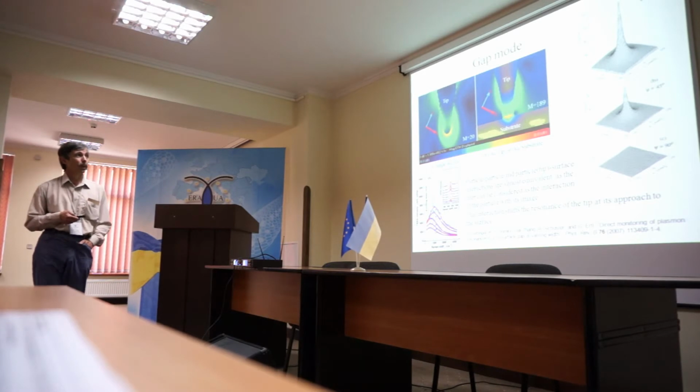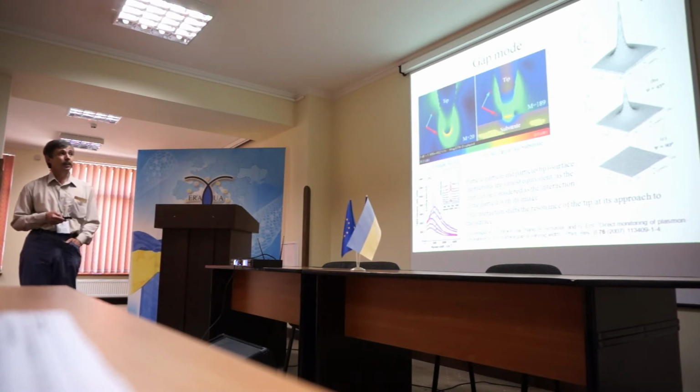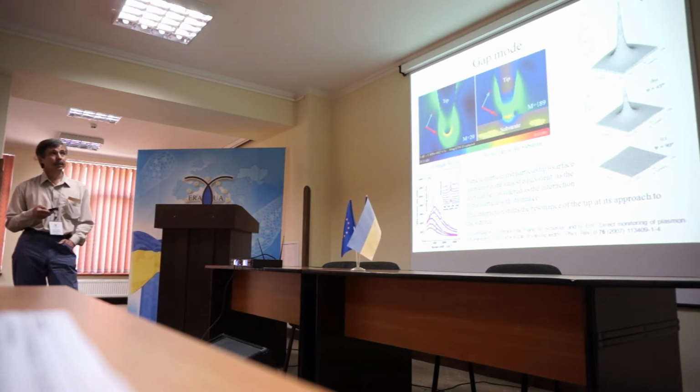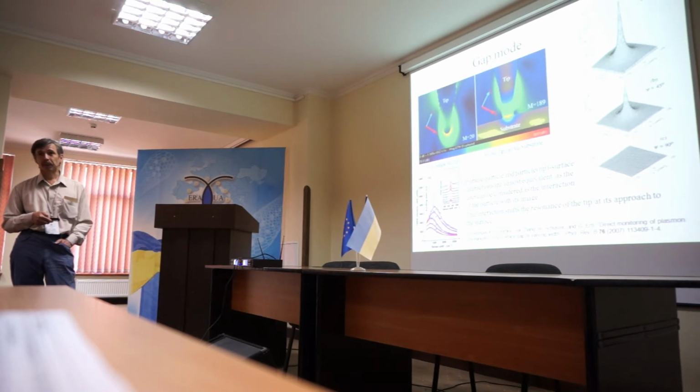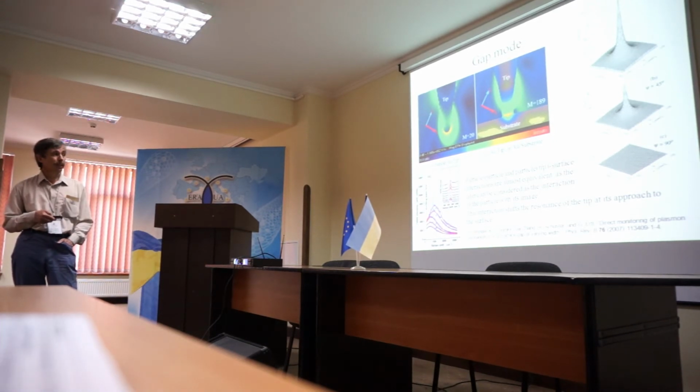And you may see calculations of the field in such a structure. It is the dependence on the distance between the tip and the surface. There is a shift of this resonance, which is called in this case gap mode. And this shift is well described by the interaction of the dipole localized here with its image.